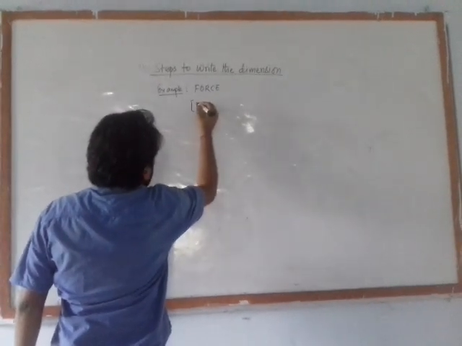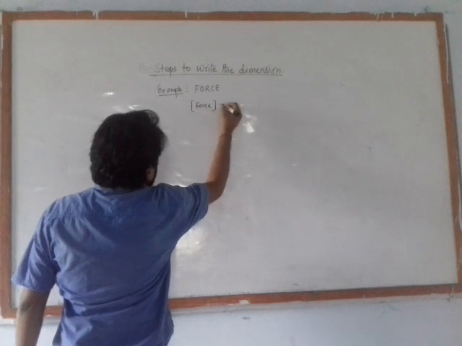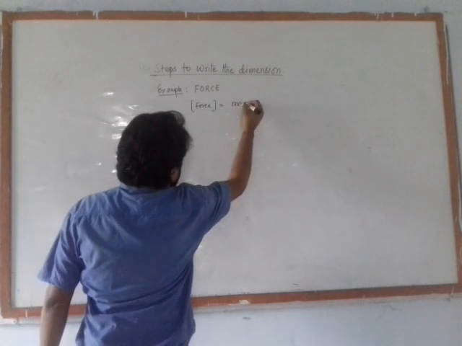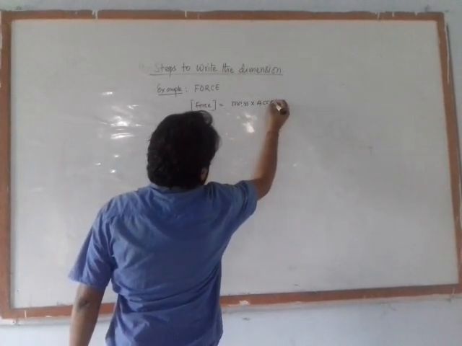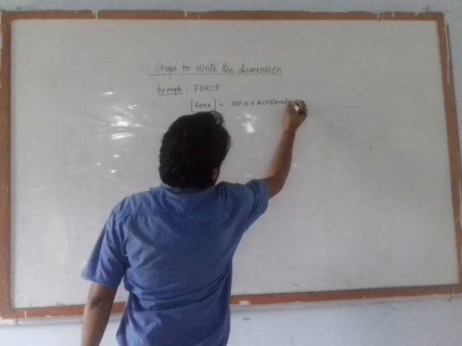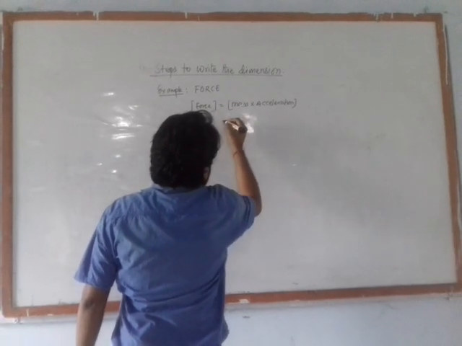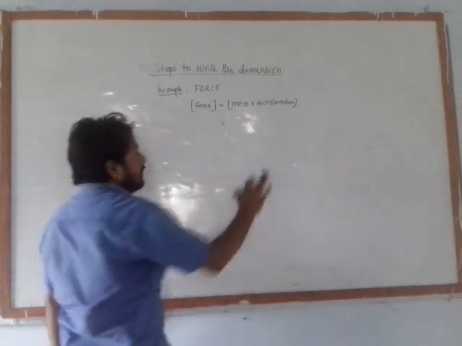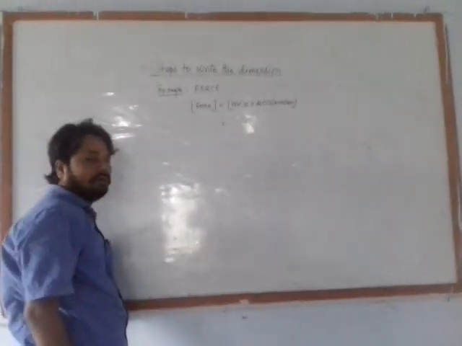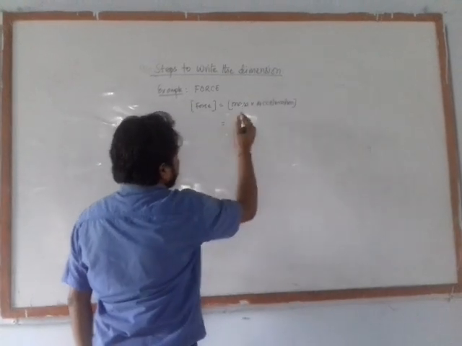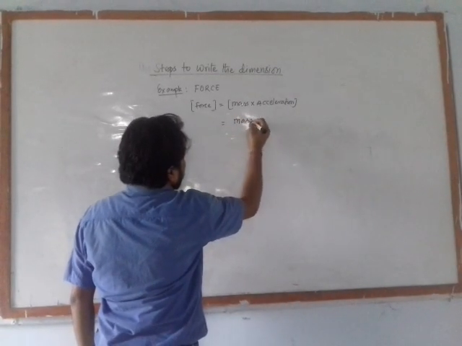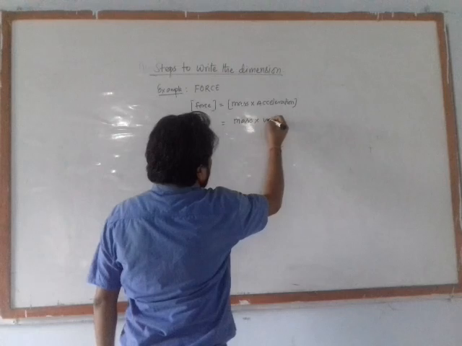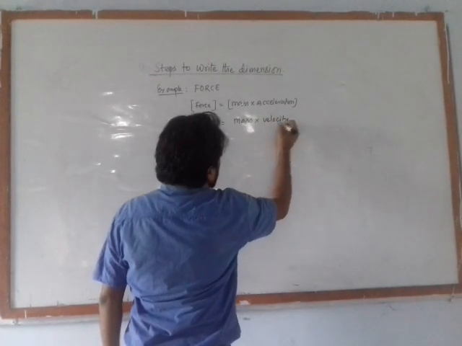So I have to write force first in the bracket. Then I have to write the formula. Formula is mass into acceleration. Here mass is itself a fundamental quantity, no need to change, but acceleration is not a fundamental quantity. So again we have to change it. So again I will write here mass, and for acceleration I have to write velocity by time.